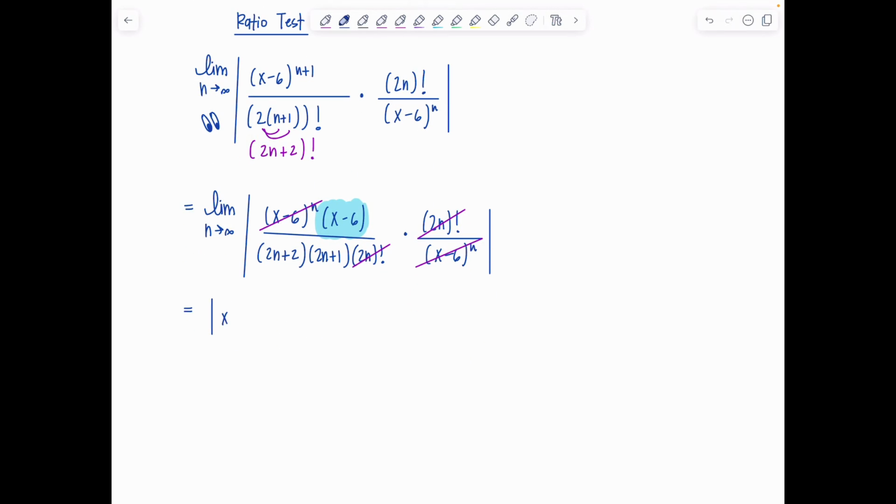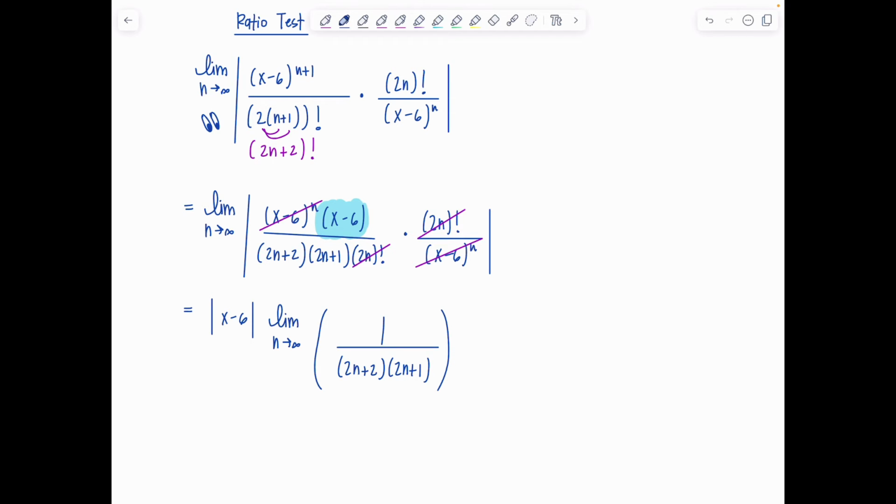Don't forget the absolute value. And then you have limit, n goes to infinity. What's left in the numerator? I know, nothing. Oh my goodness. Okay, so 1 over 2n plus 2 times 2n plus 1. Is that it?